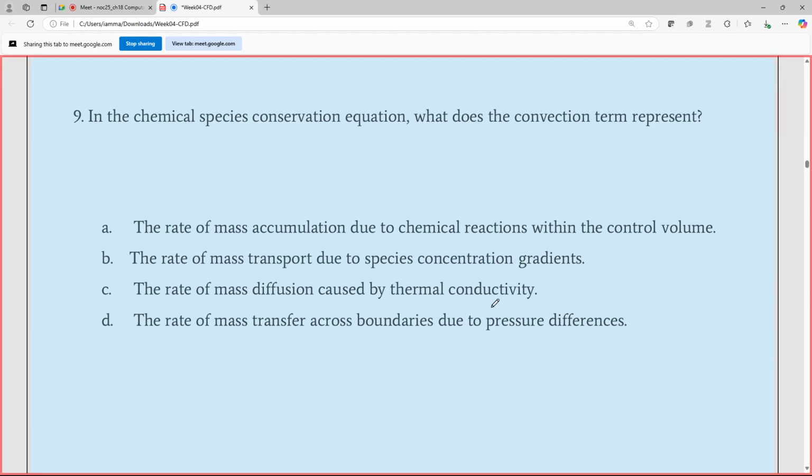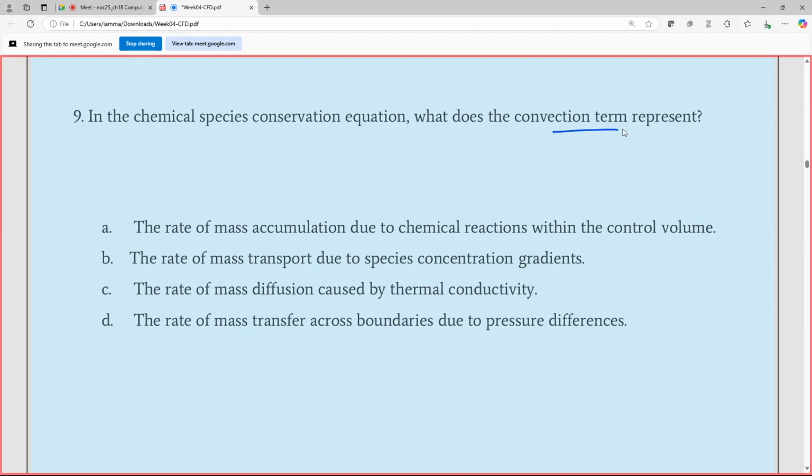Moving to the next question. In the chemical species conservation equation, what does the convection term represent? We have already discussed the diffusion term. Options are: option A, rate of mass accumulation due to chemical reaction within the control volume.